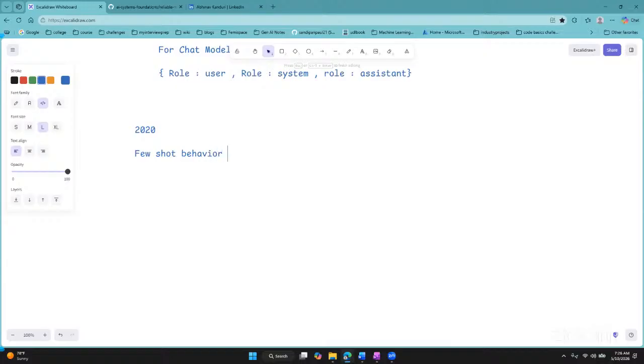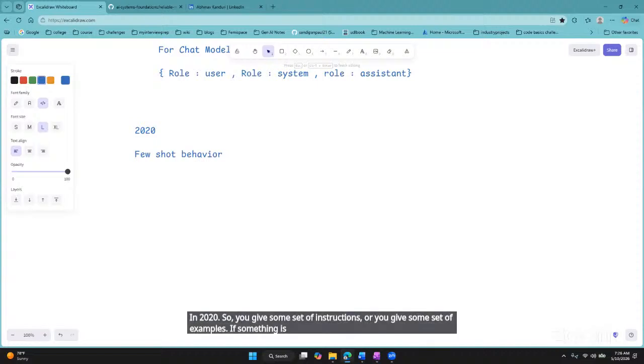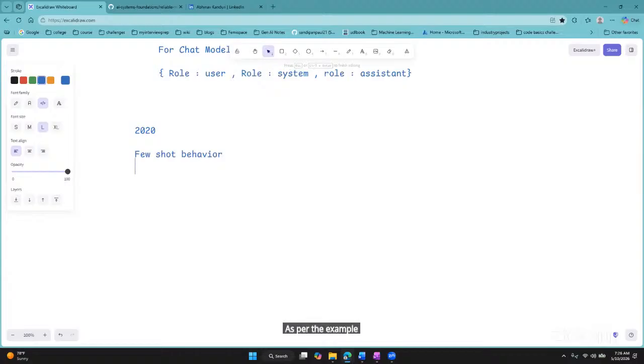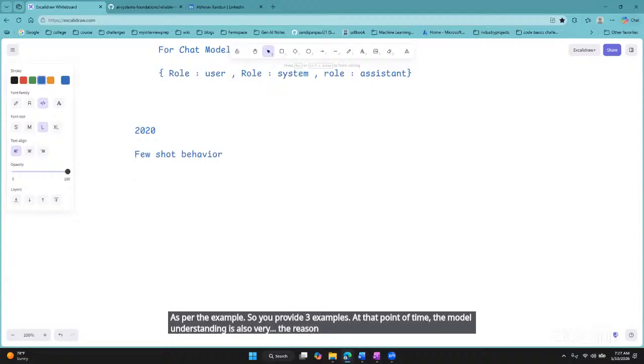In 2020, you gave some set of instructions or some set of examples. If something was not falling in the examples, the model would never understand it. If you provided three examples, the model's understanding and reasoning were very minimal compared to today in 2026.